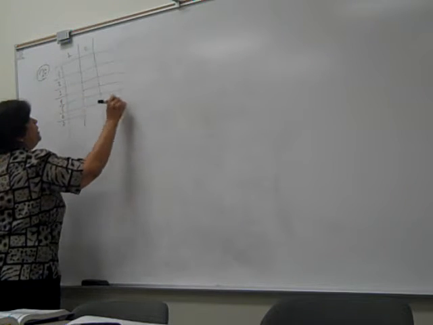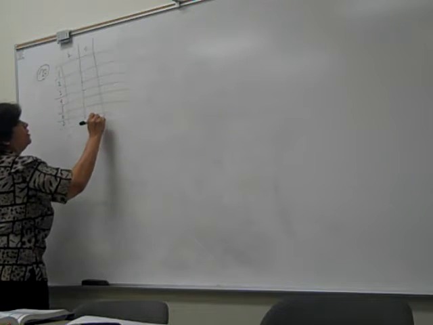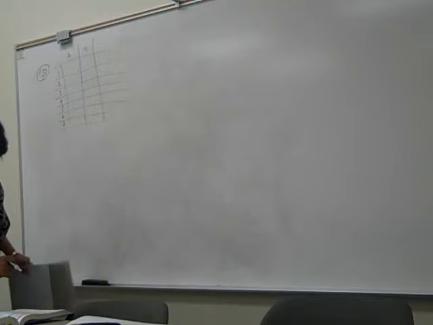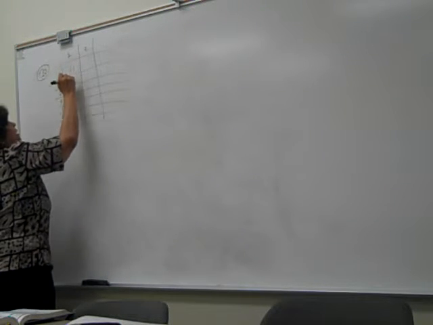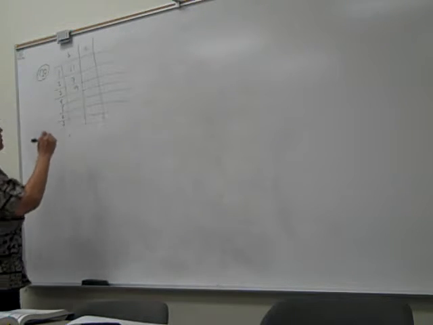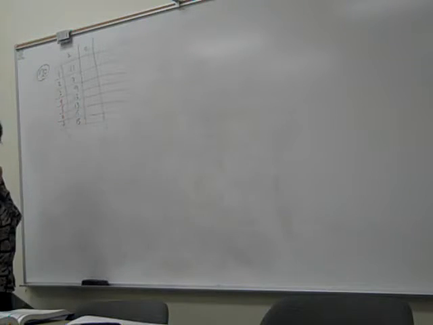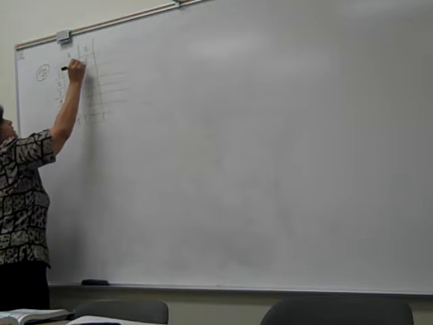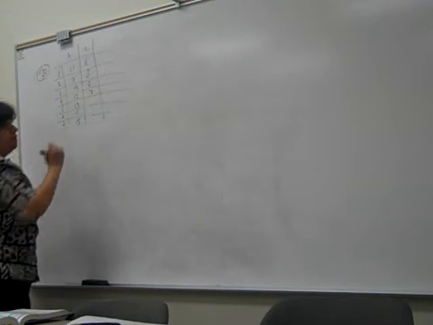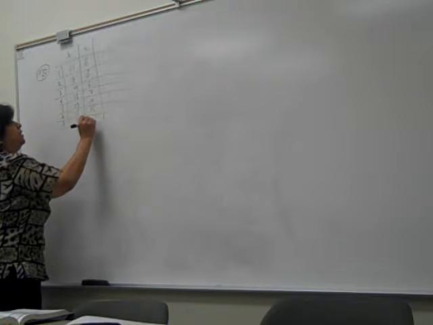In the first treatment, I have my 7 values, and those are 11, 7, 9, 12, 13, 15, 15. Okay? And the population 2 values are 8, 8, 6, 7, 10, 15, 14.